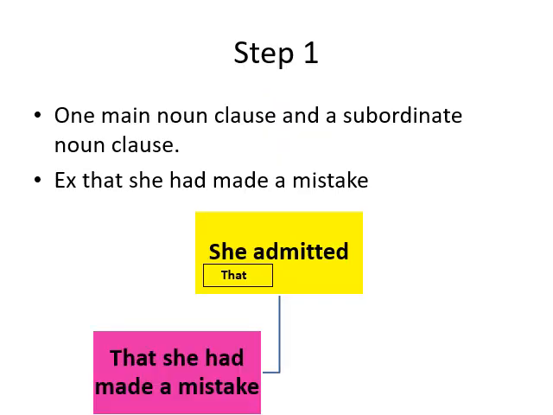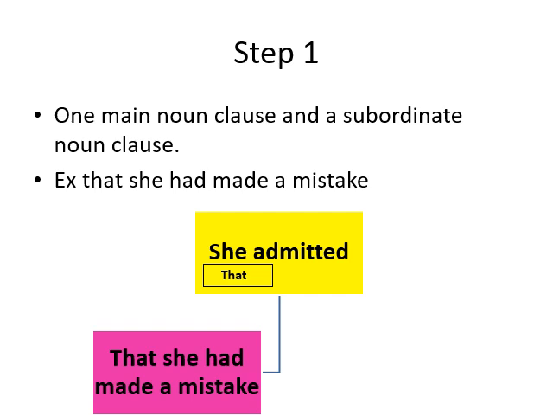Now look at step 1. You can see one main noun clause and a subordinate noun clause. She admitted, the main noun clause. There is a link word that, which joins a subordinate noun clause which gives us the details of what she admitted. What did she admit? That she had made a mistake.